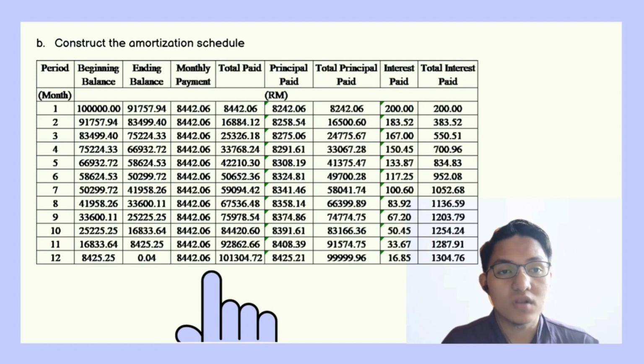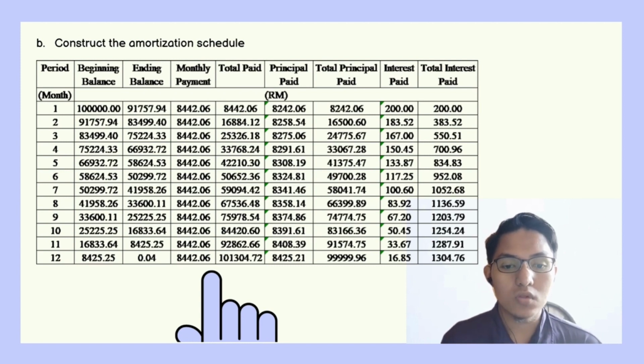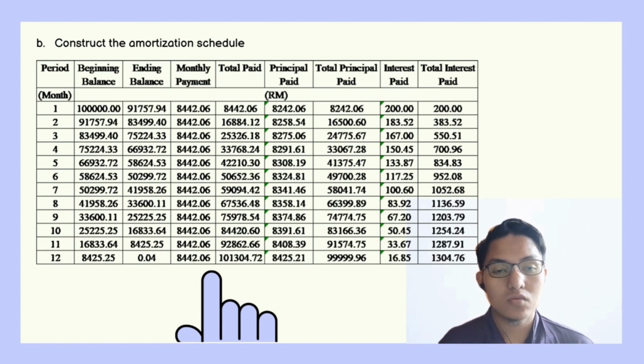So we're going to go for the last row, which is total interest paid. Total interest paid means the interest paid plus the total interest paid before. Let's go for an example so that it's easier to understand. The interest paid for period 2 or month 2 will be added to the total interest paid for month 1.